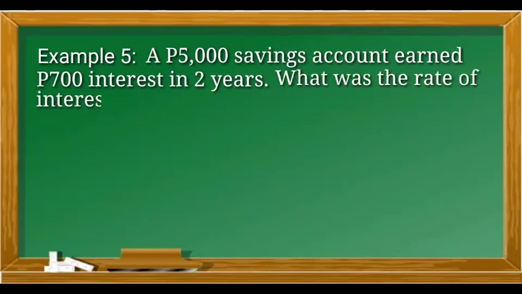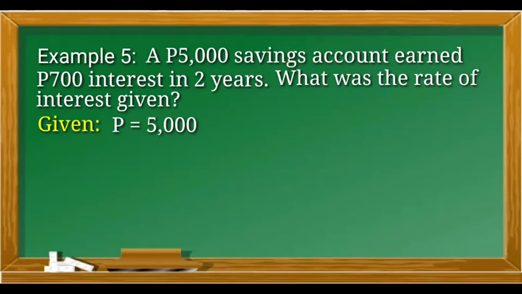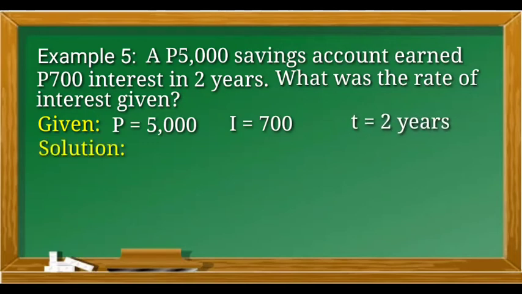What was the rate of interest given? So, the given are P equals 5,000, I equals 700, and T equals 2 years. All we have to do is substitute the values in the formula.